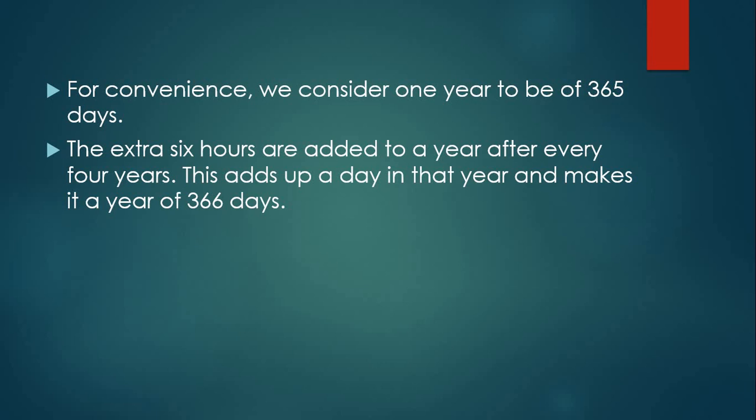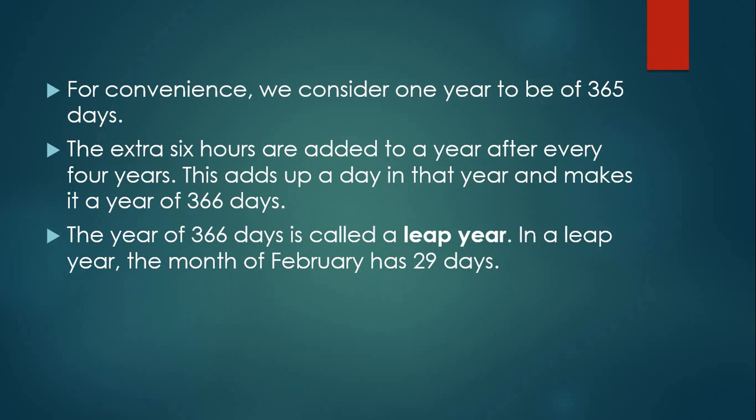At the end of every 4 years, we add the 6 hours and make it a separate day. And in that particular year, the year consists of 366 days, and it is also known as a leap year, and the month of February has 29 days.